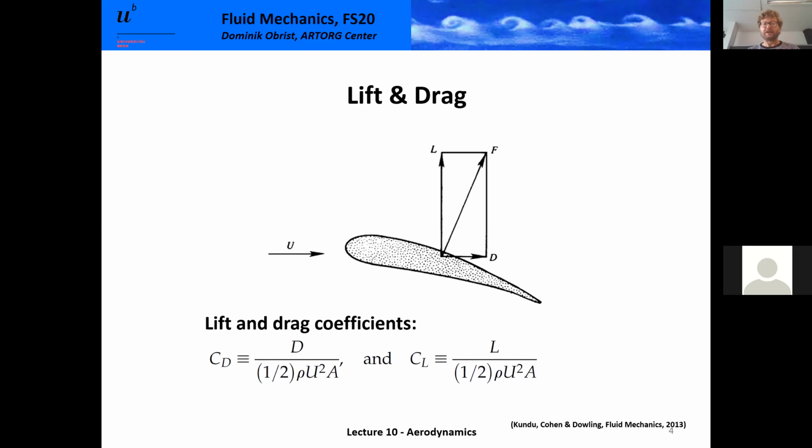We also know that the airflow around this object will create local pressure forces onto the object, and it will create local shear stresses onto the object. Maybe I draw this quickly on a diagram so you can see that.